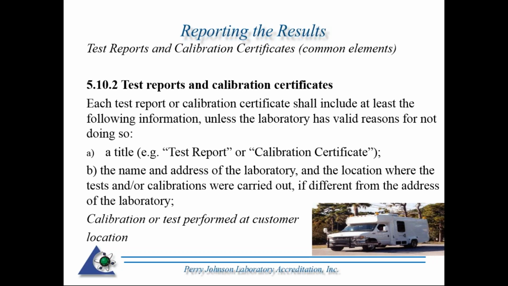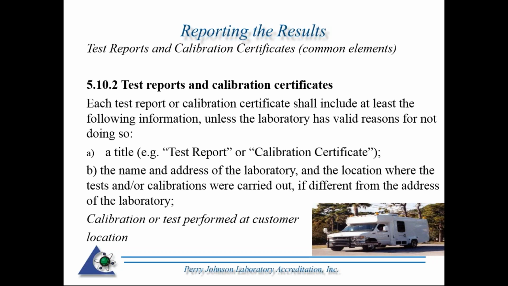First thing on the list there is a title: test report, calibration certificate, basically identifying what this is, report of calibration, certificate of analysis, whatever, it needs to have a title. Secondly, the name and address of the laboratory and the location of the test and or calibration, where the test and or calibration were carried out if different from the address of the laboratory.